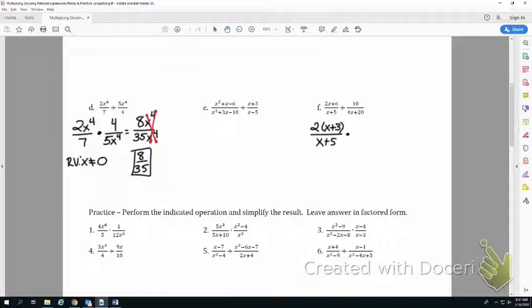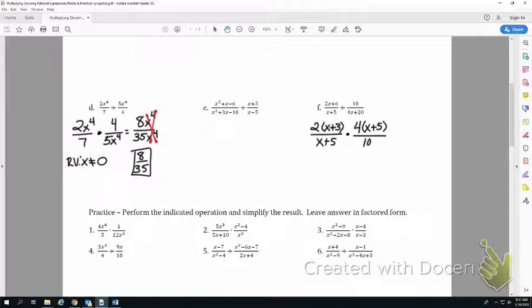And whenever I flip, I'm going to go ahead and reduce the 4x plus 20 to 4 times x plus 5. 10 is divisible by 4, so. Oh, it's 20. Okay.